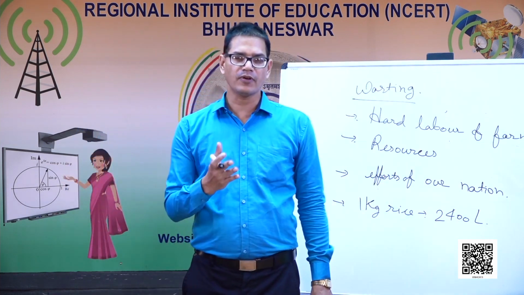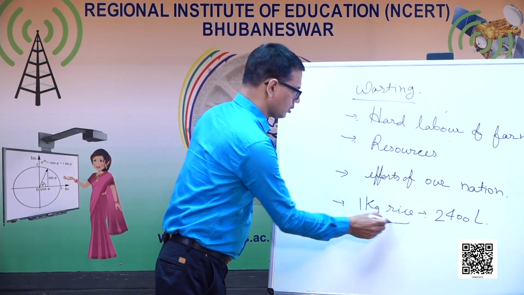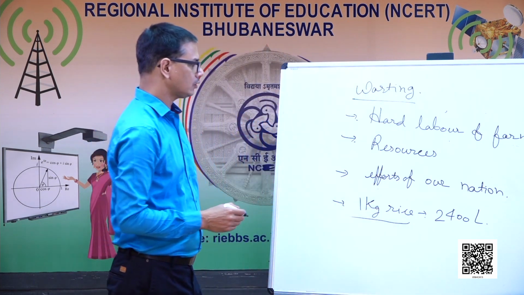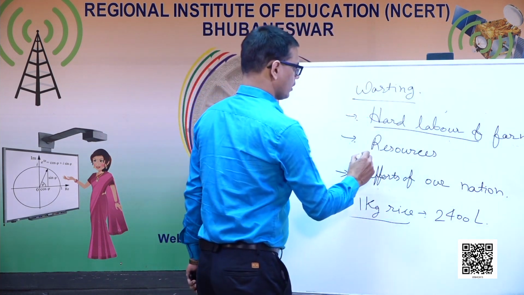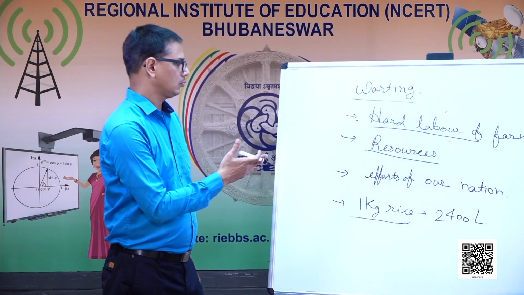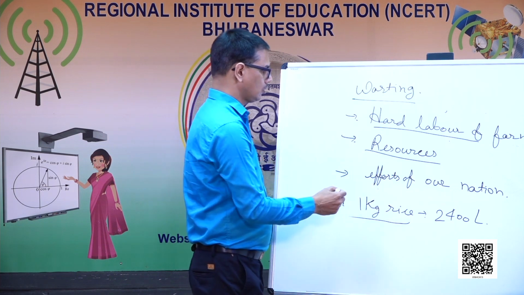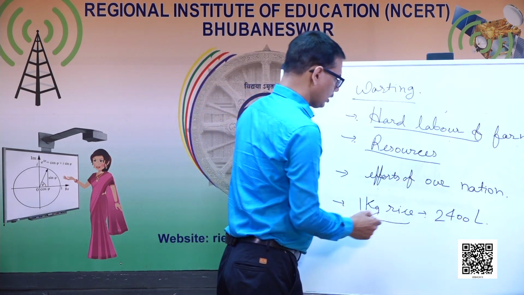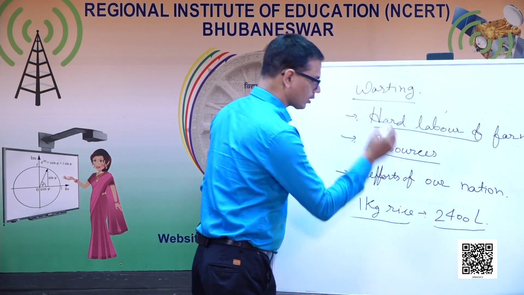That means if a person wastes 1 kg of rice, he is wasting hard labor of farmers, different resources, fertilizers, weedicides, pesticides, great efforts of the nation, and also 2400 liter of water.